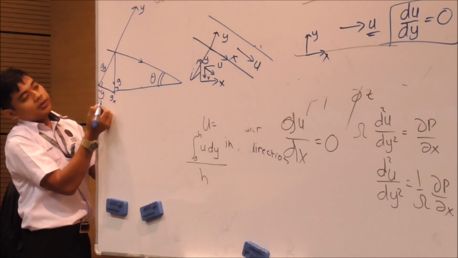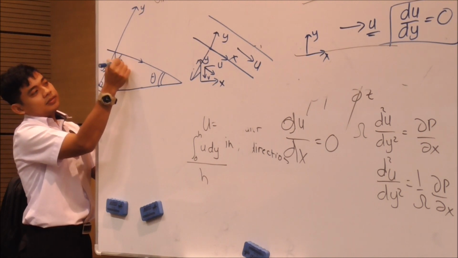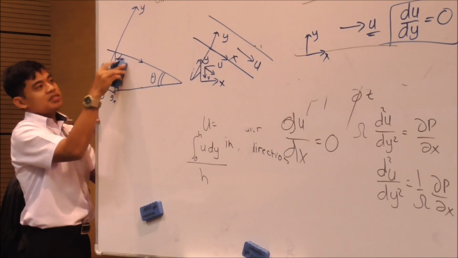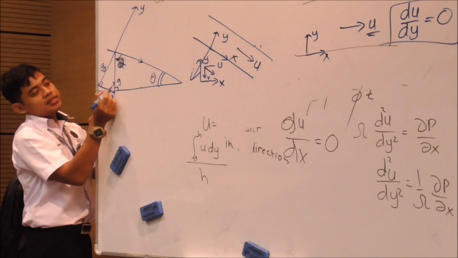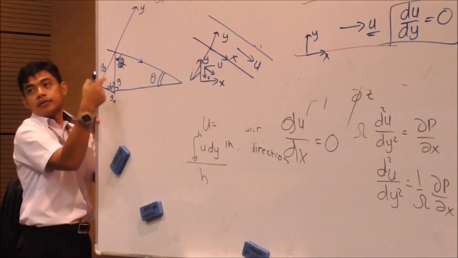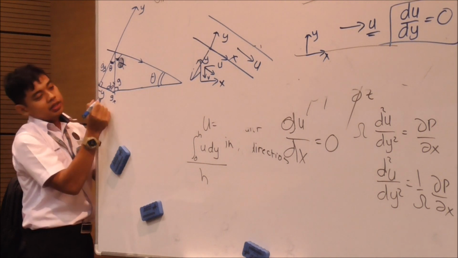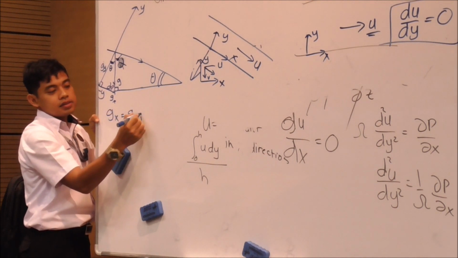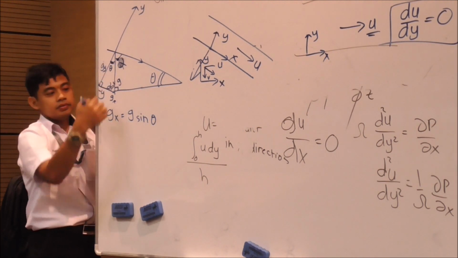Right? You know that if this is the case, I make myself efficient. Just put alpha. The alpha here will be similar to the alpha there. And this one will be your theta. Which means your gx is g sine theta in front. Right?